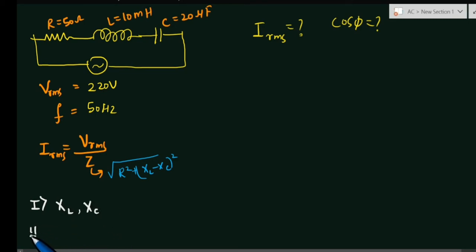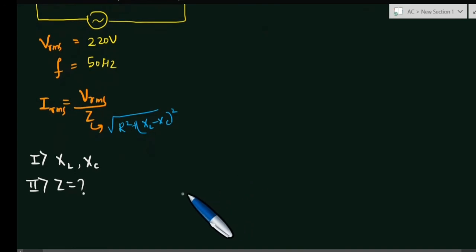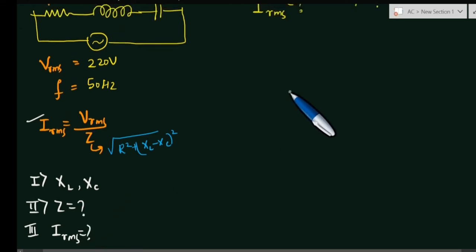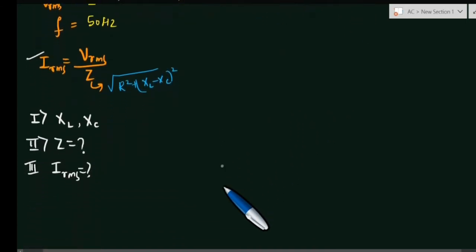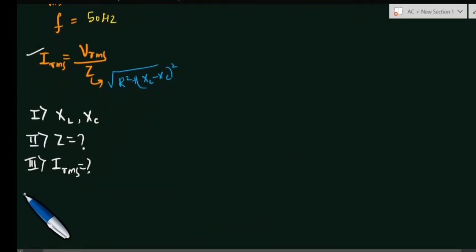The second step is to calculate the value of Z. And the third step, after getting Z, is to calculate Irms, which is Vrms divided by Z. Next, what they are asking is cos phi, the fourth step.